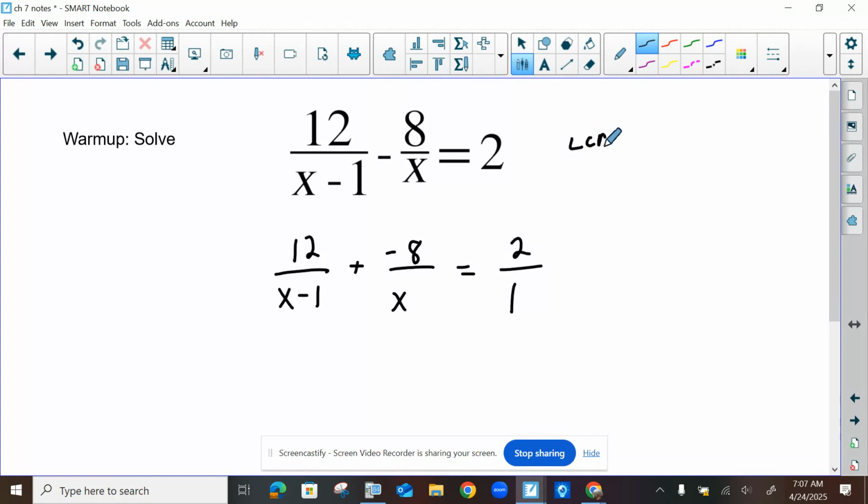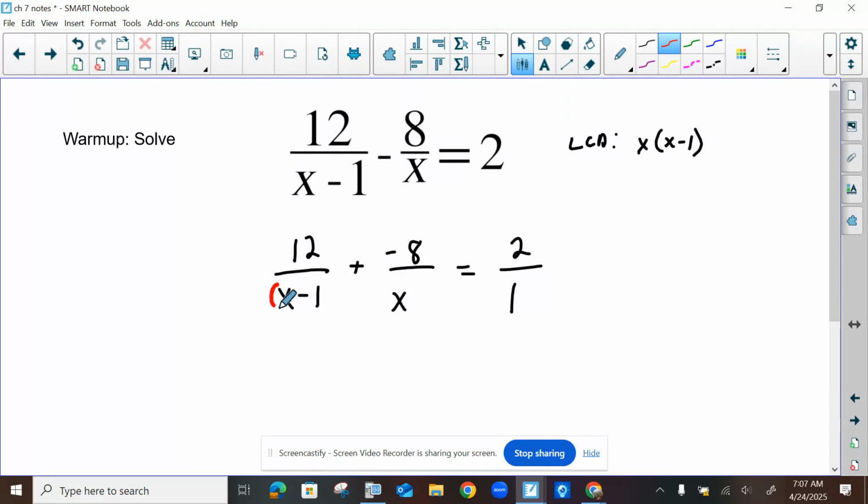So your LCD, looking at all the factors in the bottom, we have an x minus 1. We need an x minus 1 in all the denominators, and we need this x. It's different than this x. So we have a factor of x, and we have a factor of x minus 1. Then all we need to do is get all the denominators to have this LCD.